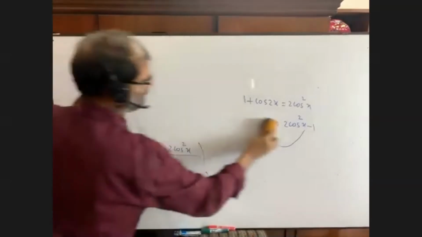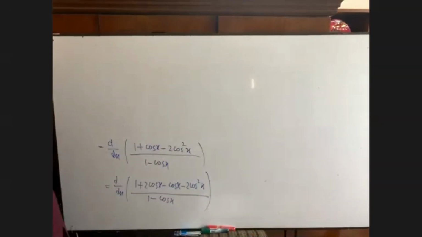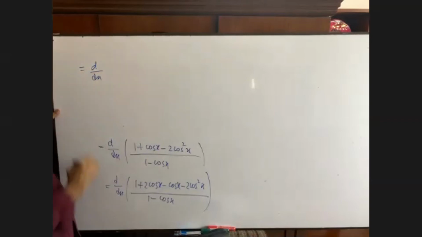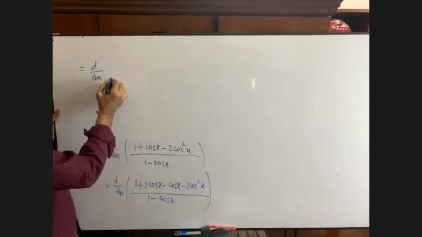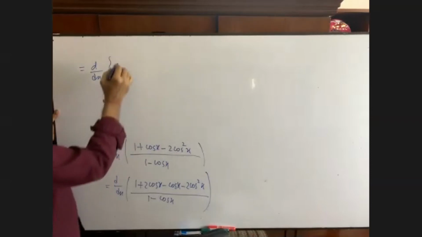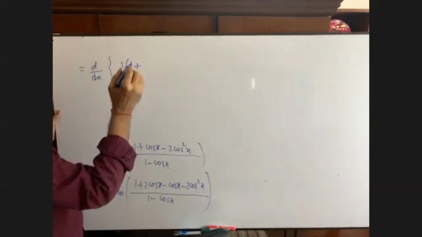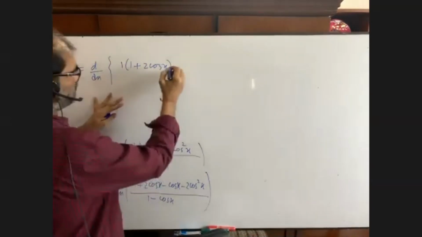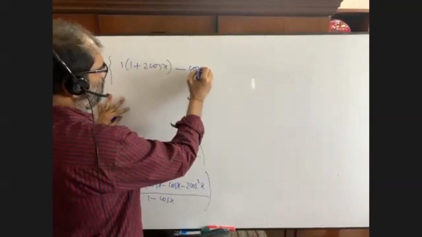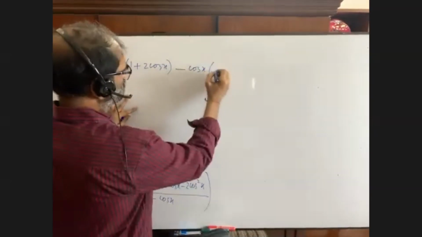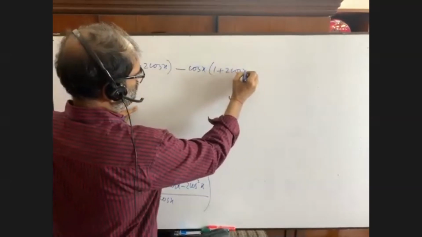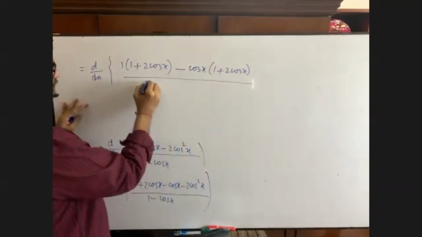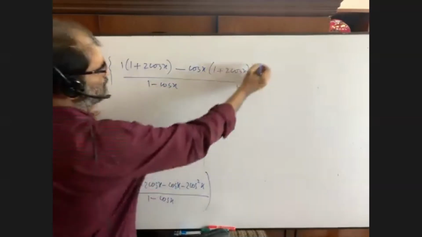You just see the factorization. It means d by dx, here 1 plus 1 into 1 plus 2 cos x minus cos x into 1 plus 2 cos x by 1 minus cos x. Right?